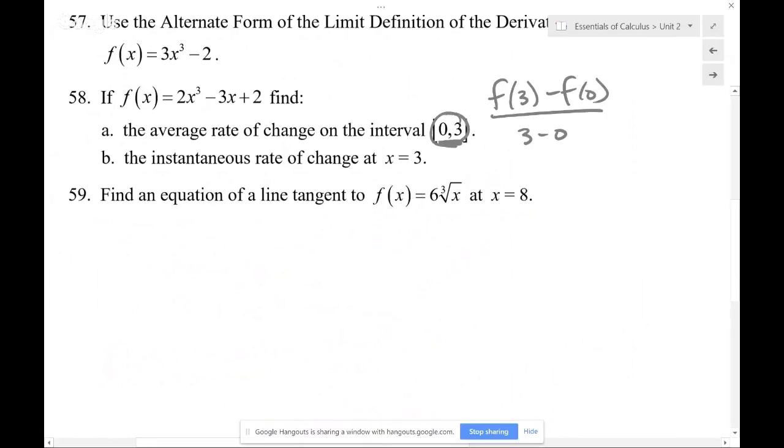This is the average rate of change. So we're going to plug in 0 for x and 3 for x. F of 3 is going to be 2 times 3 cubed. That's 27 times 2, which is 54 minus 9 plus 2.